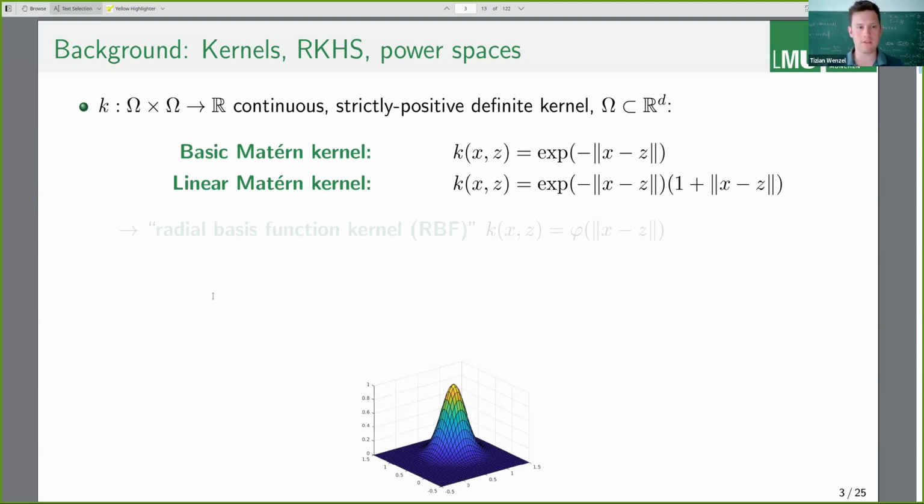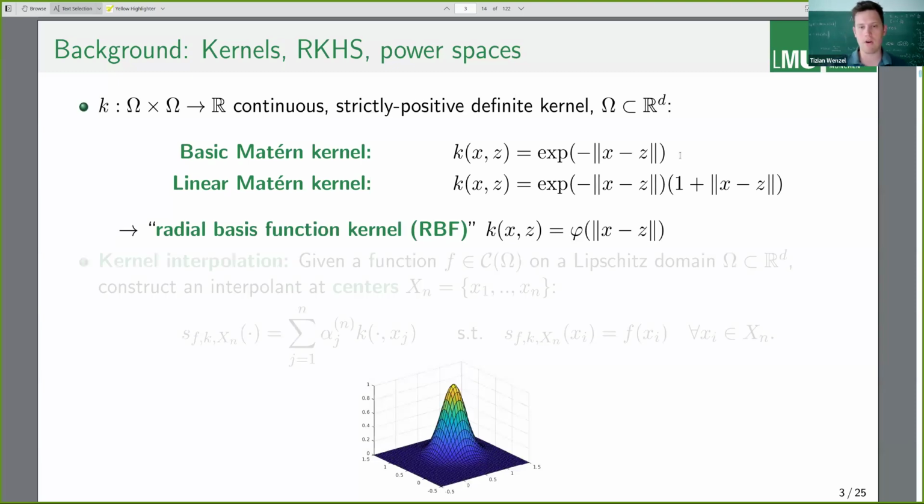Two examples of such kernels are the basic Matérn kernel and the linear Matérn kernel. Especially the basic Matérn kernel is also called the exponential kernel or the Laplace kernel, which is frequently used in machine learning. These two examples are particular radial basis function kernels, because they only depend on the distance between data points and make use of this function phi.